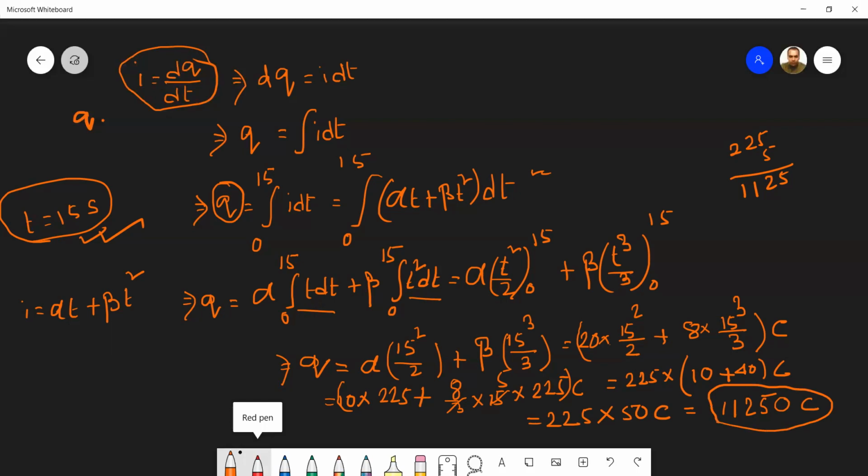So this is the amount of charge that we had to calculate. 11,250 coulomb is the charge that would flow through the conductor in 15 seconds.